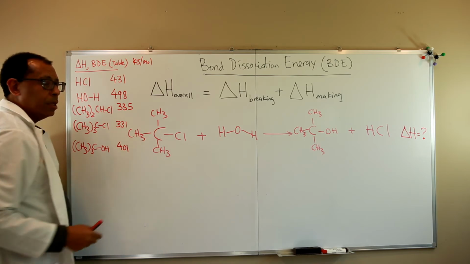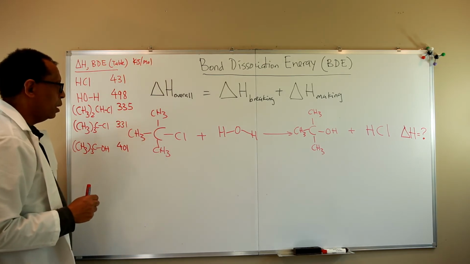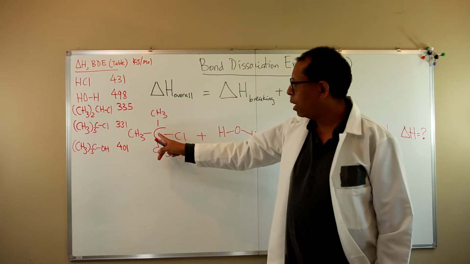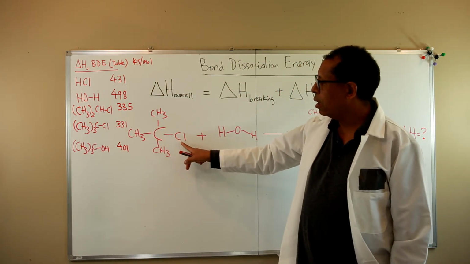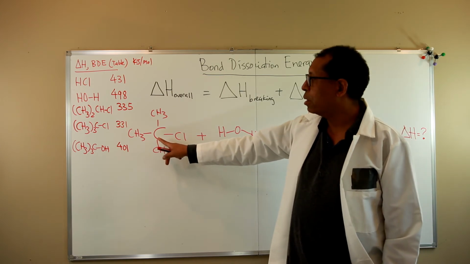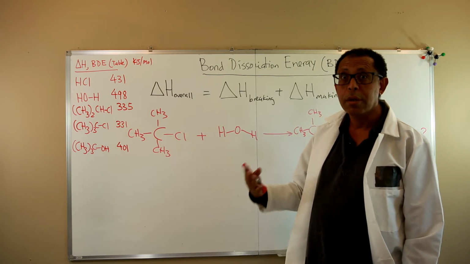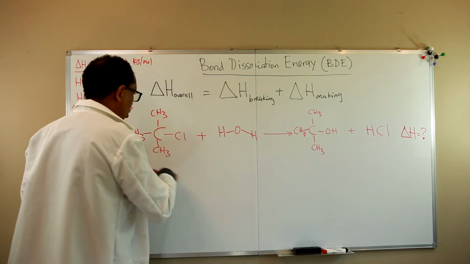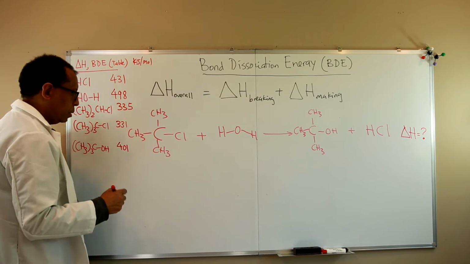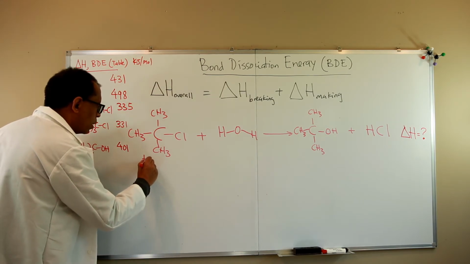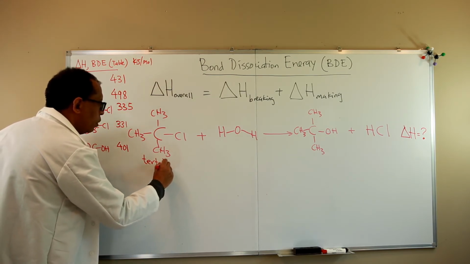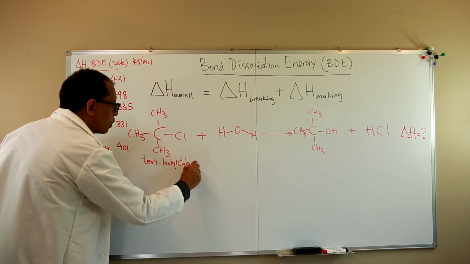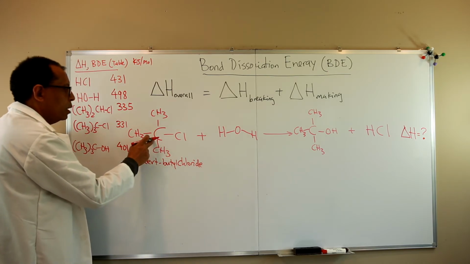It matters in the bond dissociation whether that carbon contains the chloride or it is on a secondary carbon, because they have different values. As this is a tertiary butyl chloride, the carbon is tertiary.